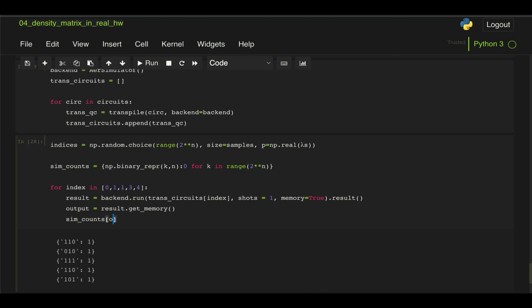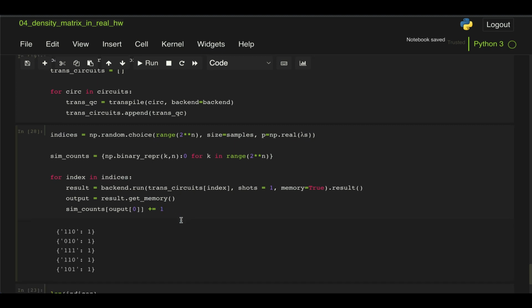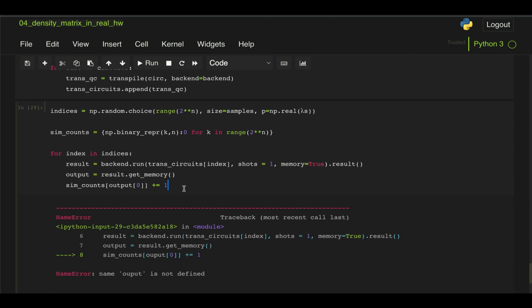And again, the reason I have to do all this is because we're running different circuits, which would give me separate dictionaries every time I execute the simulation, which were hard to combine. And here, all I'm doing is just creating my own dictionary and adding up the results every time we execute the circuit. So then let's go back here to iterating over the actual indices, fix this typo here.